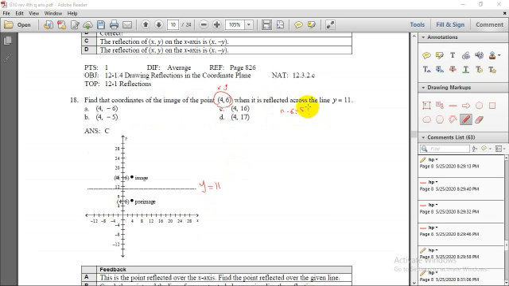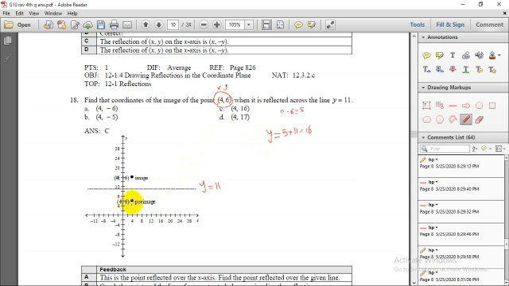So I'm going to add this 5 to my y, which is 11. 5 plus 11 is 16. So 5 plus 11 equals 16. This is my new y. My x will not change, okay?